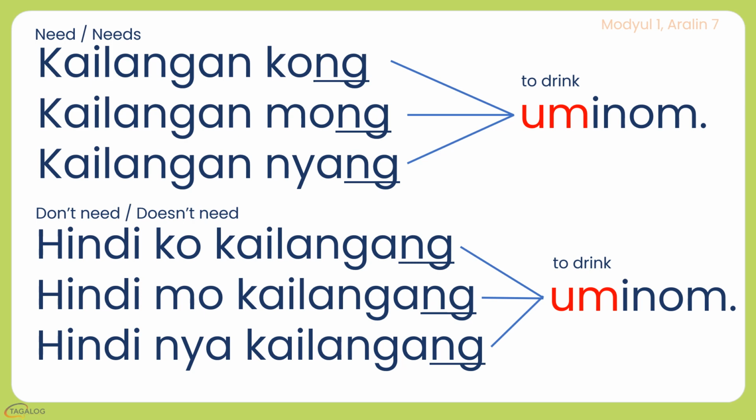Now, let's try kailangan and hindi kailangan. Kailangan kong uminom. Kailangan mong uminom. Kailangan niyang uminom. Hindi ko kailangang uminom. Hindi mo kailangang uminom. Hindi niya kailangang uminom.